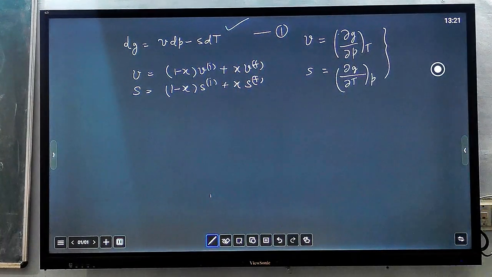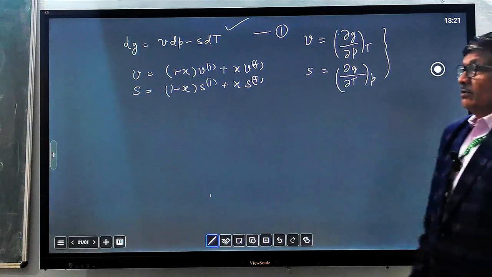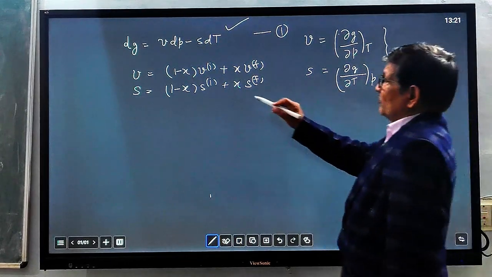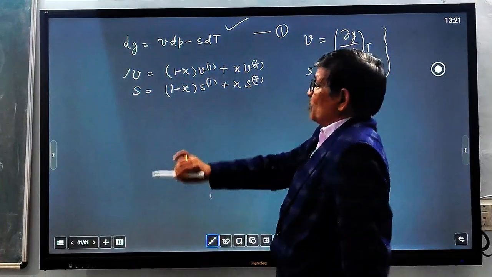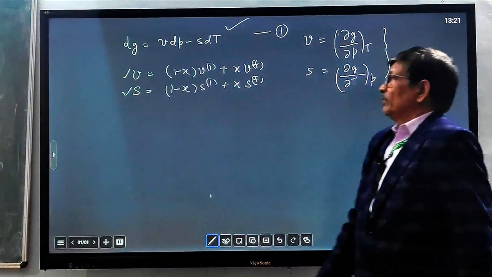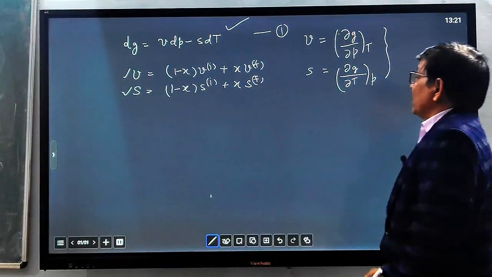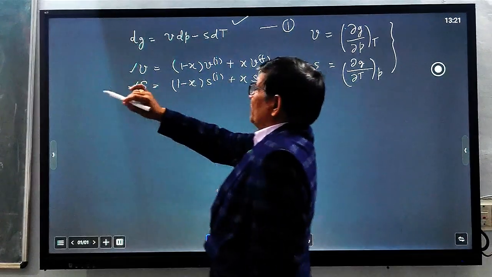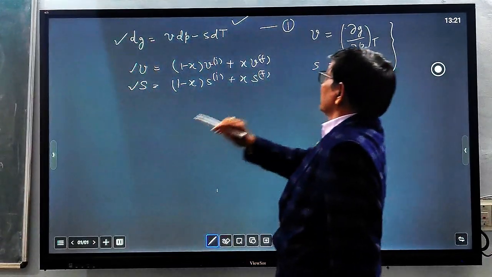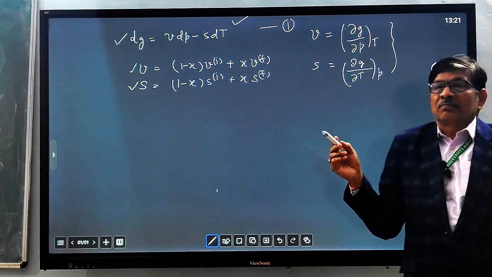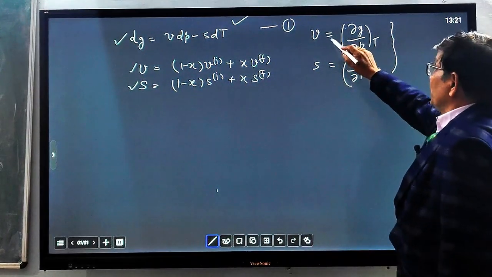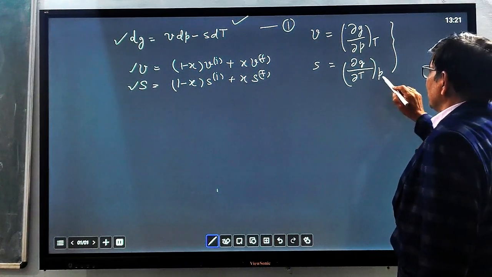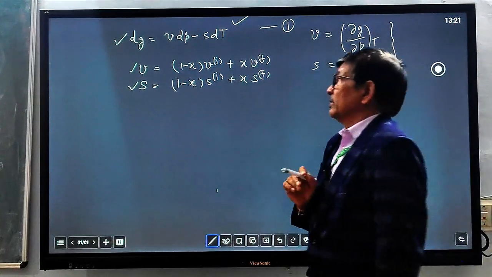So in first order phase transformation, volume and entropy change, and the derivatives of the Gibbs energy function are discontinuous: V is del G over del P at constant T, and S is del G over del T at constant P. So it is a discontinuous function.